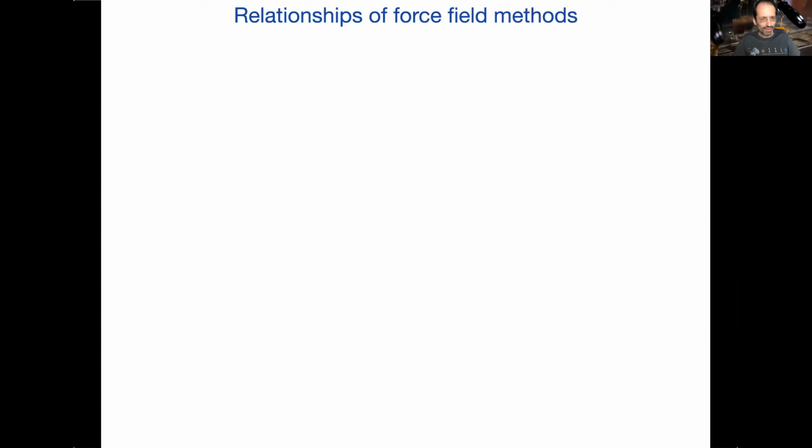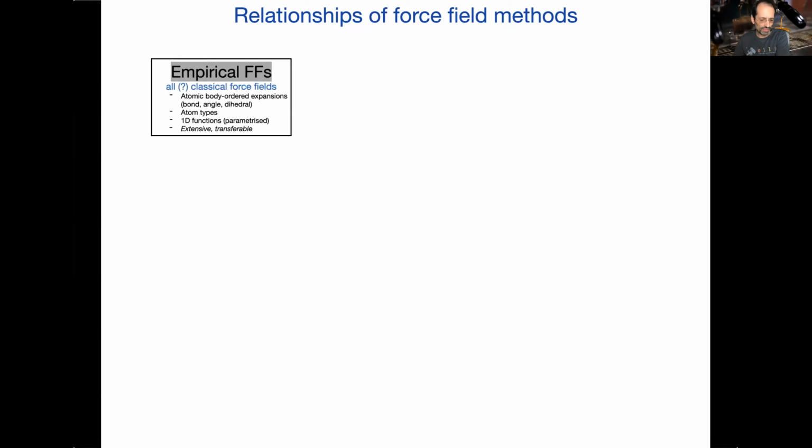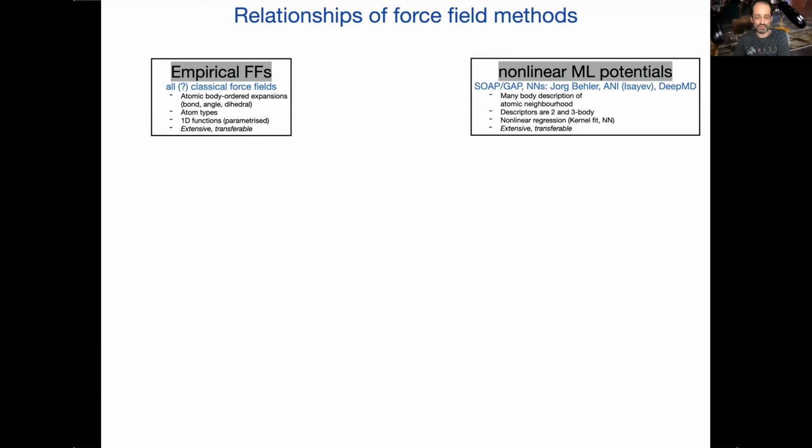So I want to finish on a note which is about understanding. If you think about empirical force fields, or the organic force fields that people use to simulate large organic systems, they have this body order, but they have these 1D parameterizations. That's their big problem. We have these nonlinear ML potentials, the kernel methods, the neural networks.